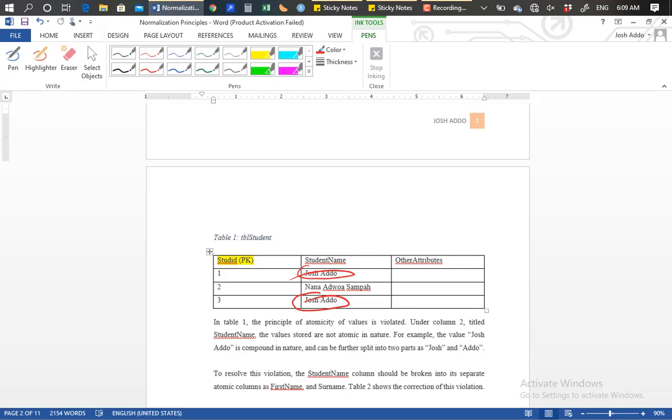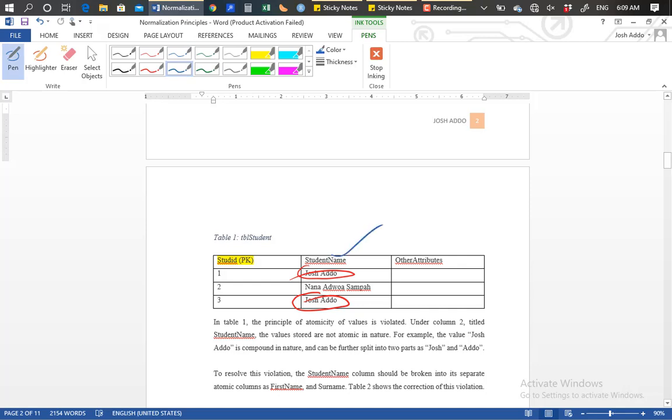pieces of data. So if you look at table 1, we have violated this principle of atomic values. The column name, student name. You see the column, student's name, this column.